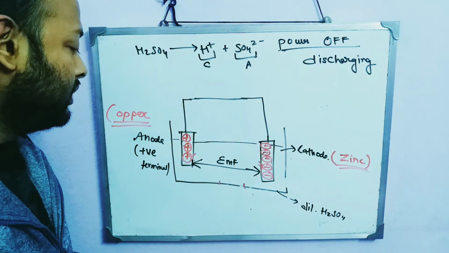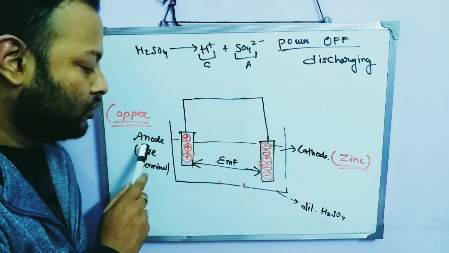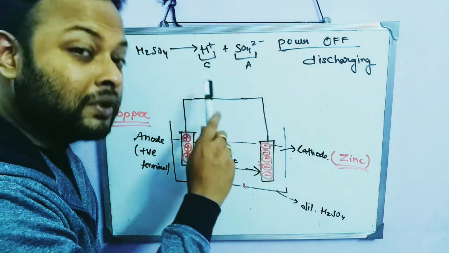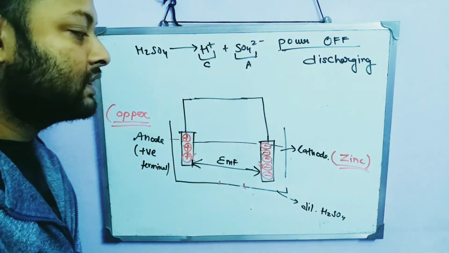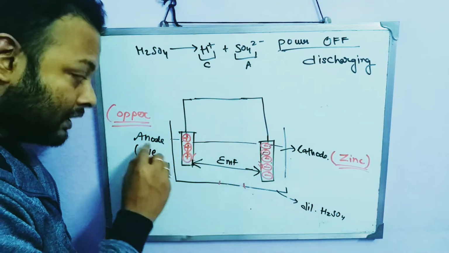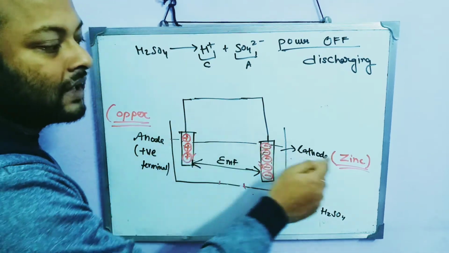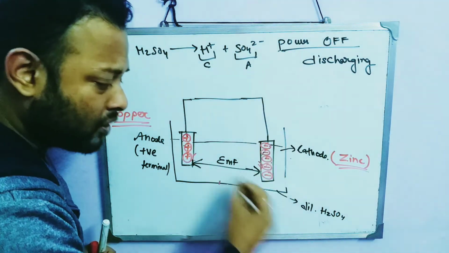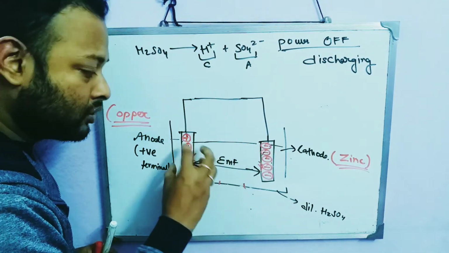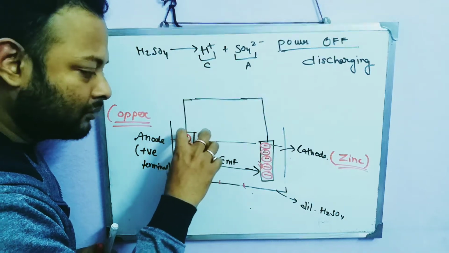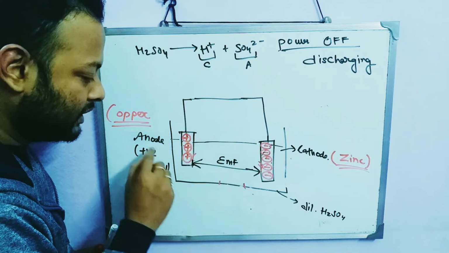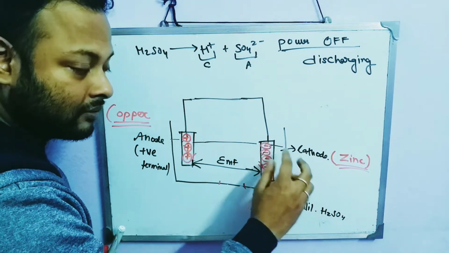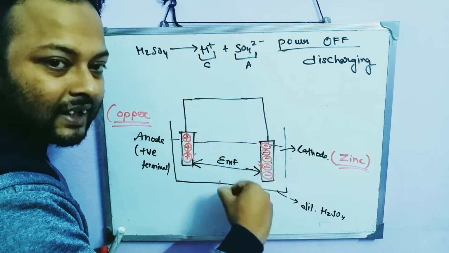So initially this copper was acting as the cathode and this zinc was acting as the anode when it was charging. Now when it is discharging, this copper will act as the anode and zinc will act as the cathode, because all the positive charges got towards the copper. So now all the positive charges are there, and being a positive charge terminal, it is acting as the anode. And this cathode, previously this was anode because it was attracting the anions.